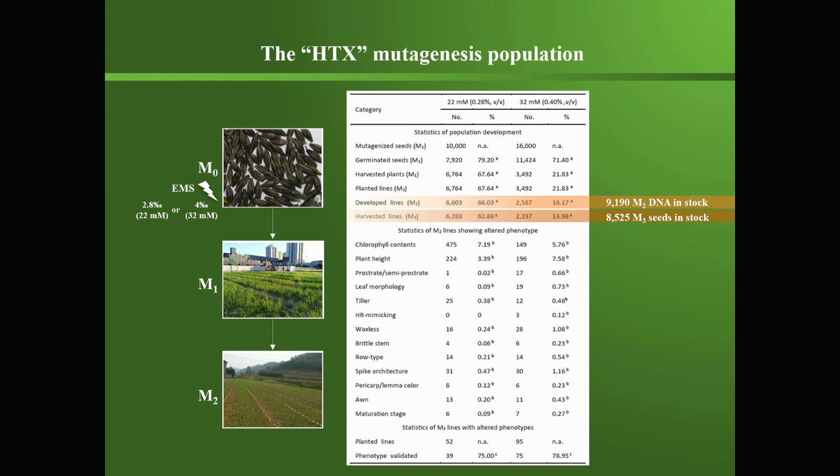We investigated the plant growth vigor, fertility, and visible phenotypic alterations in the M1 and M2 generations. Among M2 lines, 12% of those regenerated from 22 millimole EMS treatment, while 19% from 32 millimole EMS treatment had visible phenotypic alterations.